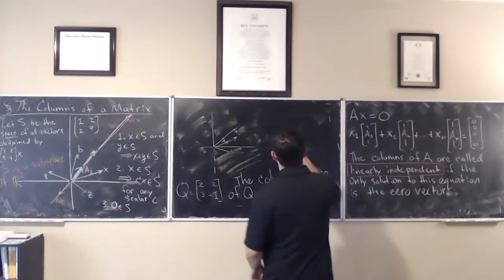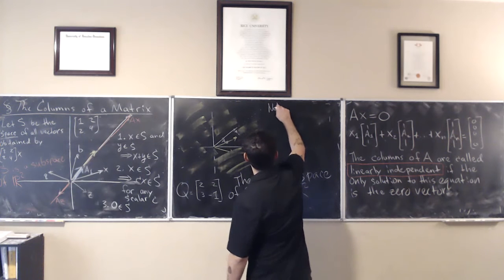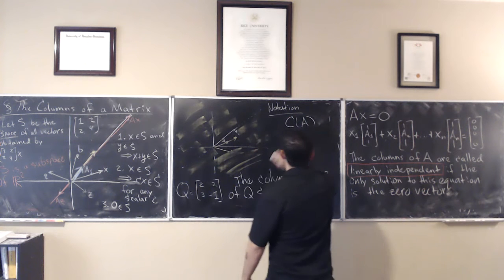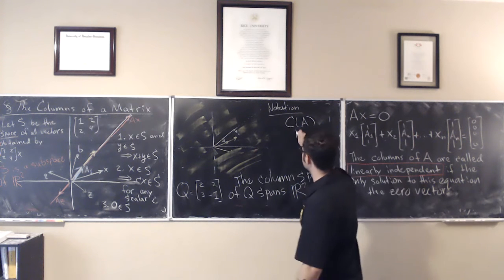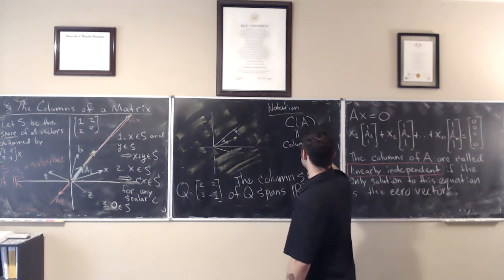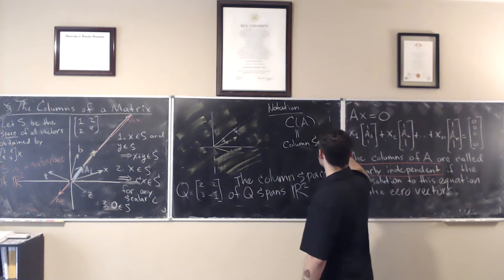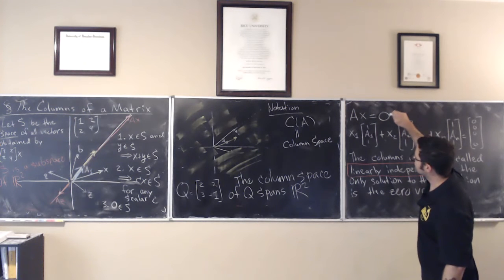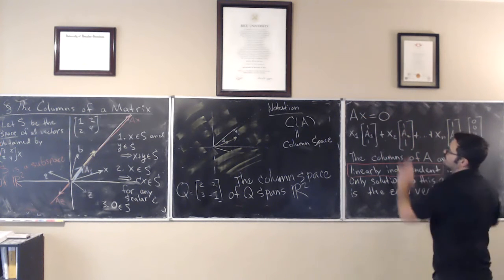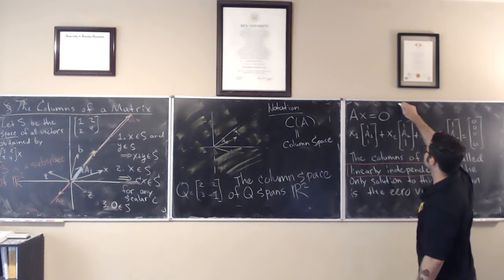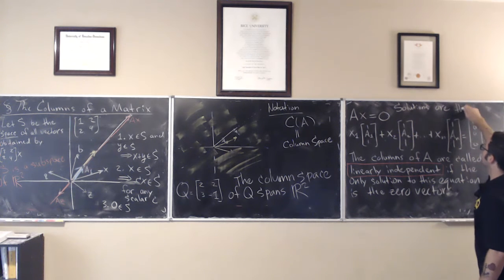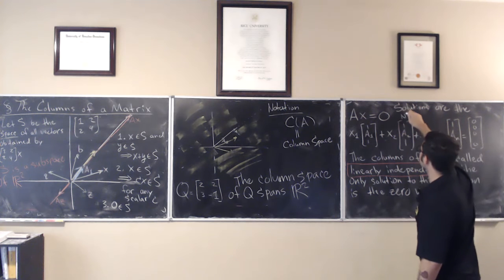I should also say that the notation for the column space of a matrix is C(A). That's the column space. And all of the solutions to this equation, Ax equals 0, are given by the null space, the null space of A. I should have said that earlier.